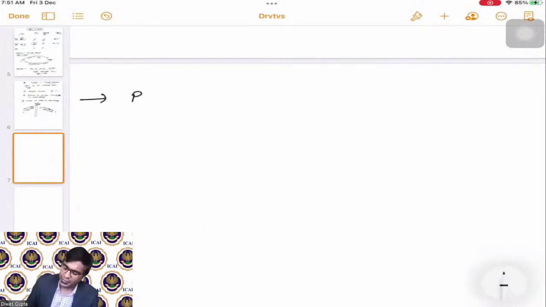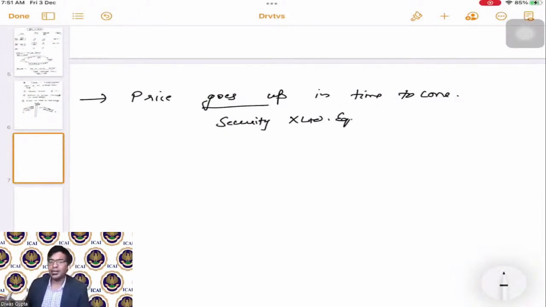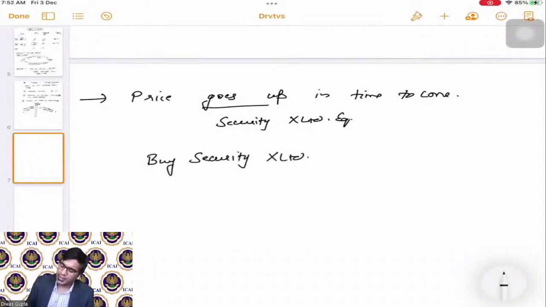If I have information that the price goes up in time to come for a particular security, let's say X Limited equity share, which is traded in the market, then since I know that this information is coming from a very good source, I will buy the security X Limited.